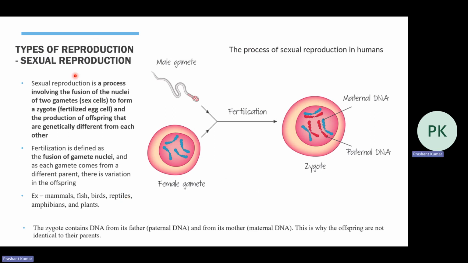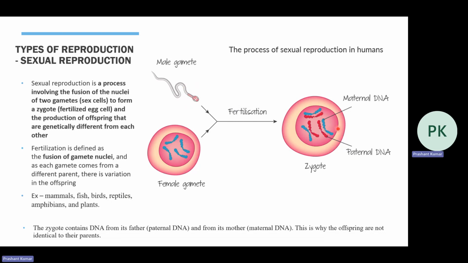Second type of reproduction is sexual reproduction, where the gametes are being fused, and these gametes are produced by the male and the female. So the male gametes are called sperm cells. Female gamete is called egg cells. And when these two gamete cells are fertilized, a zygote is formed, right?